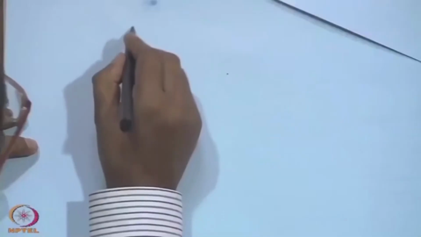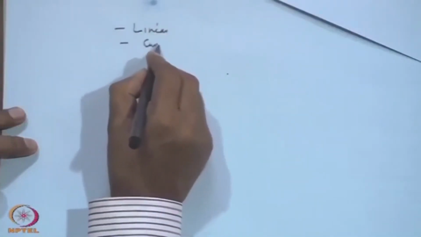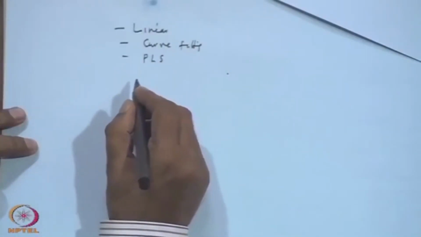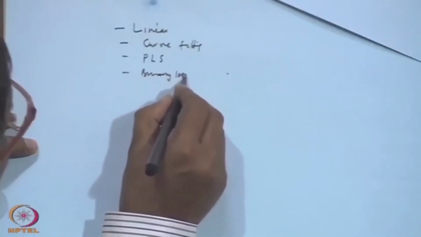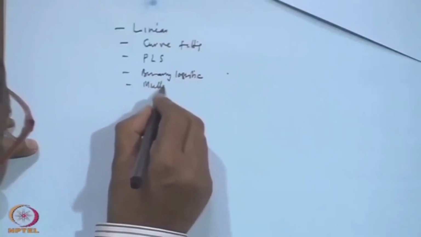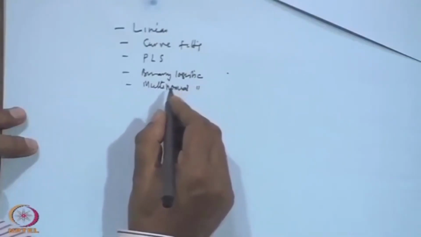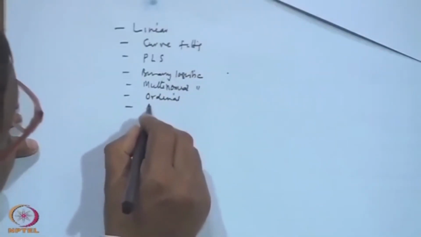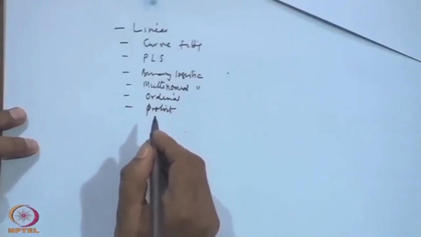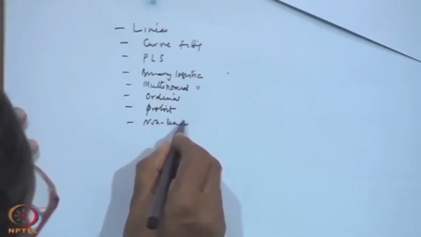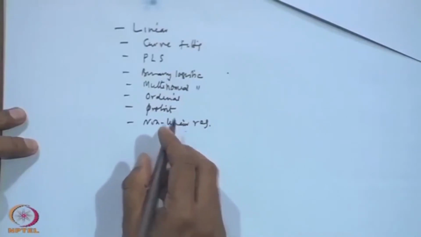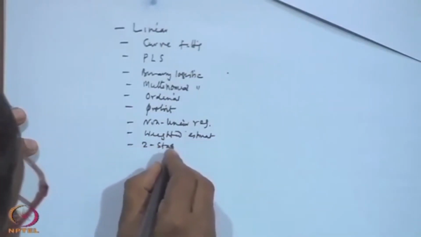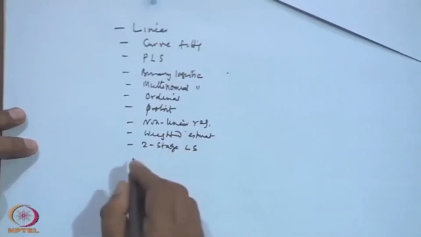You see, there is linear regression, then there is curve estimation, or curve fitting, then there is partial least squares, PLS, there is binary logistic, multinomial logistic, and you can go for ordinal regression, that is ordinal logistic, then probit model, then nonlinear regression, weighted estimation, 2-stage least squares, and finally optimal scaling.